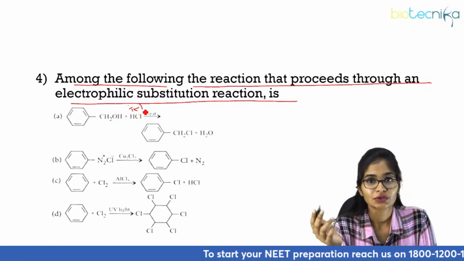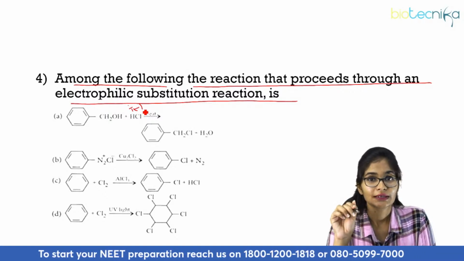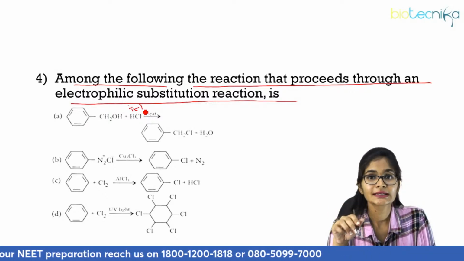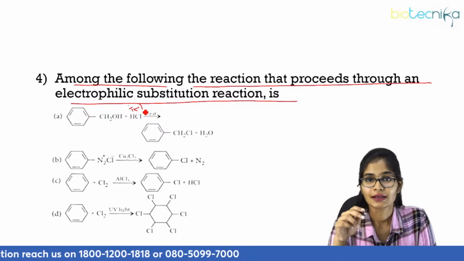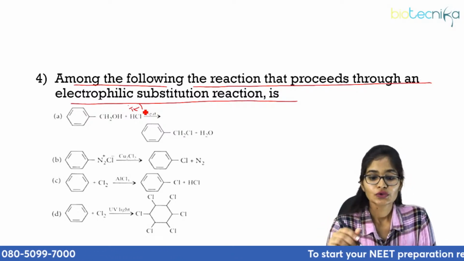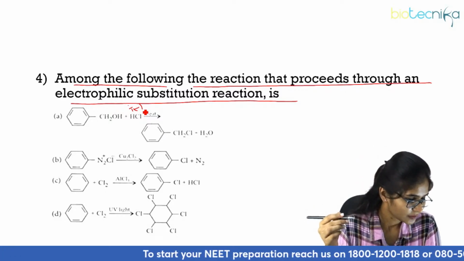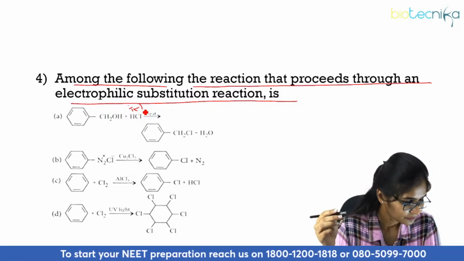What you are adding is Cl minus. So overall this is not electrophilic, this is nucleophilic, right? Cl is the nucleophile attacking, so you cannot say that is electrophilic substitution. Like that you can approach the remaining questions. Just let me know the answer you get.